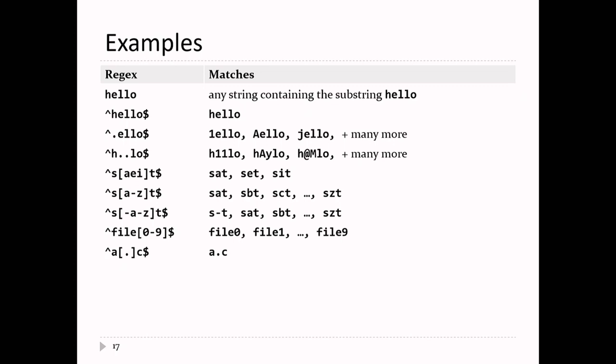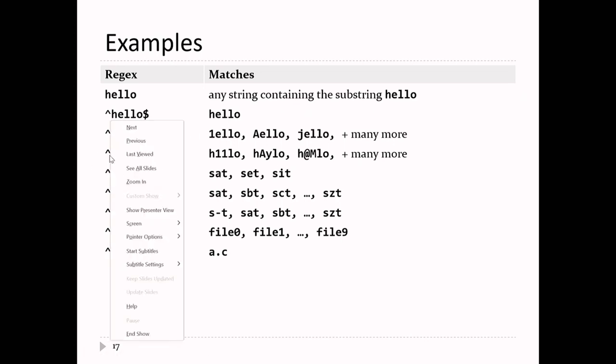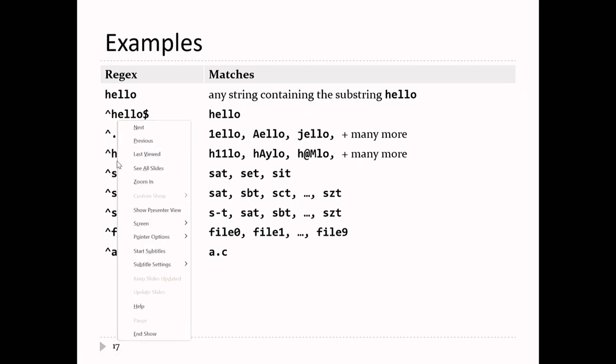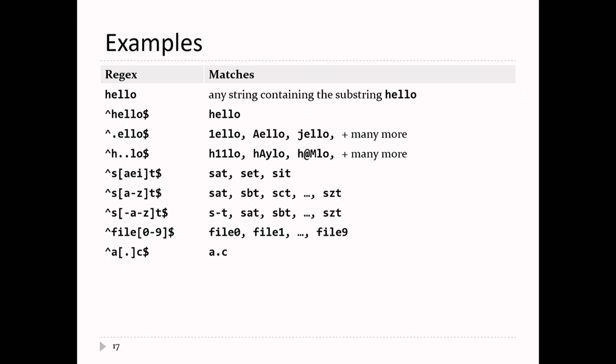If it doesn't end with an O, it won't match. Next: starts with an H, followed by any character, followed by any character, followed by an L, ends with an O. In these examples, the dollar and the caret are important. That matches H, any character, any character, L, O: H11LO, HAYLO, and many, many others.